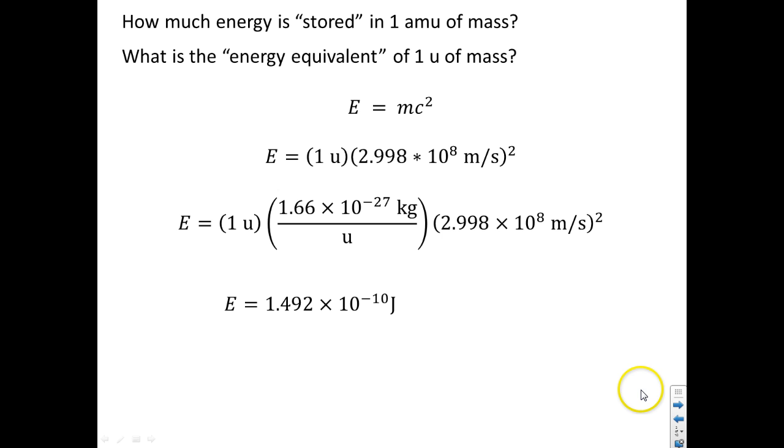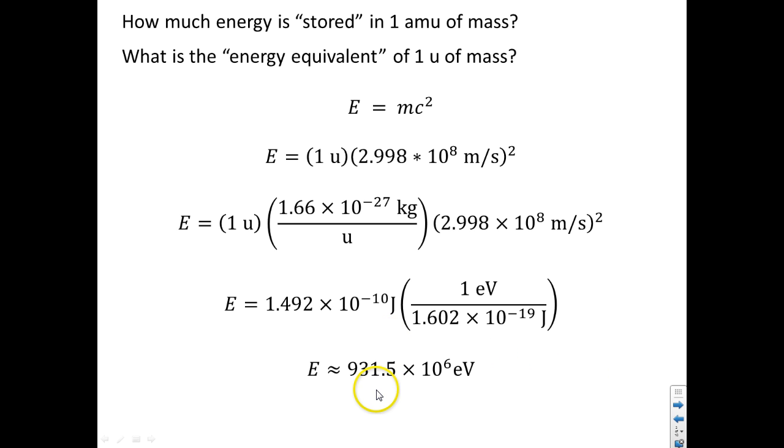And we can convert it into electron volts because of how small it is. Electron volts is a more appropriate unit to use when expressing such a small amount of energy. And when we do, we get approximately 931.5 times 10 to the 6 electron volts, or 931.5 mega electron volts.